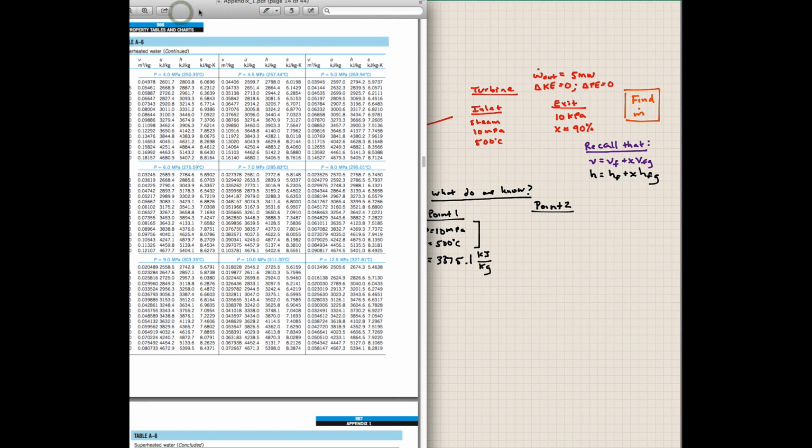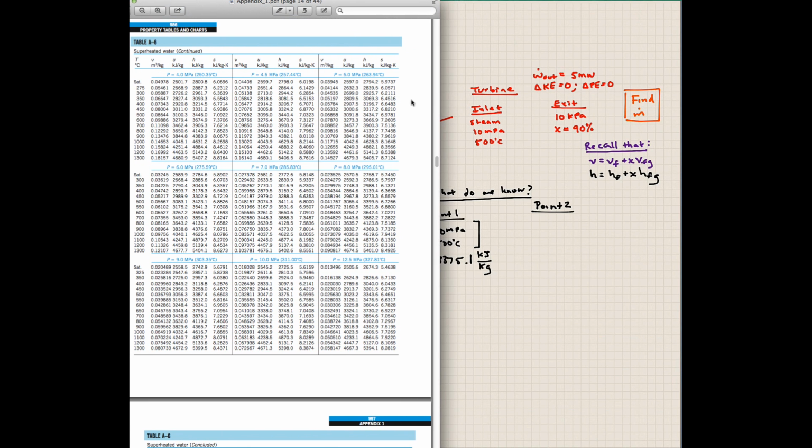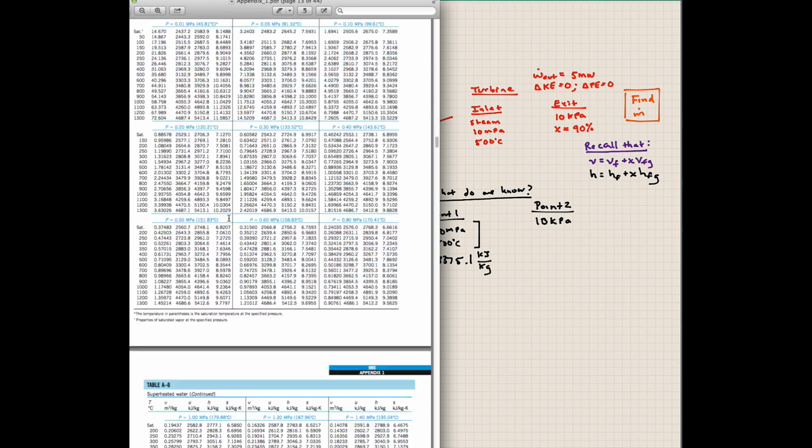Okay. So for point 2, since it gives us a quality, we don't even have to check what the state is, because we know it's a mixture of a saturated liquid and a saturated vapor. The quality is 90%. So we know it's 10 kilopascals, and since we know it's on that saturated line, let's go up to our tables.